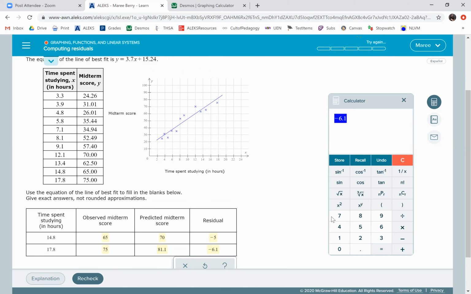Maybe I ought to redo the predicted and try it again. 3.7 times 14.8 plus 15.24 is 70. 14.8 was 65, 17.8 was 75. And then 3.7 times 17.8 plus 15.24 is 81.1.